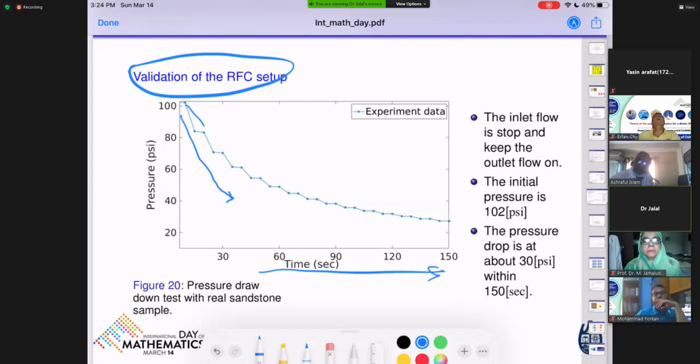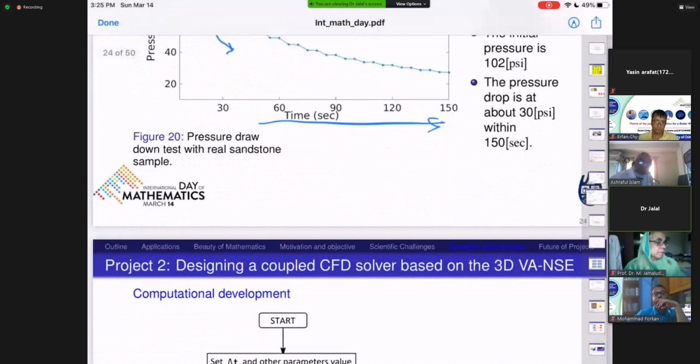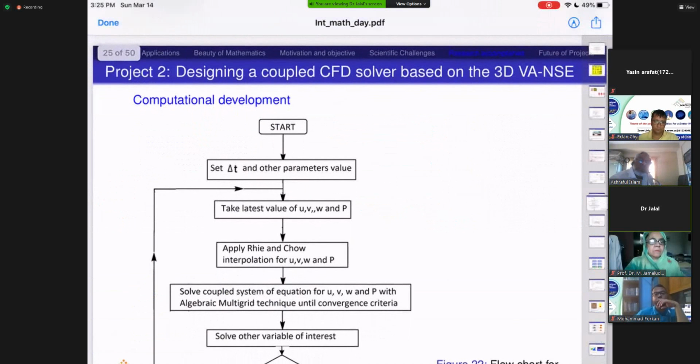Production is taken, so pressure is declining gradually because of the storage of the reservoir. This is the mathematical algorithm we have developed.